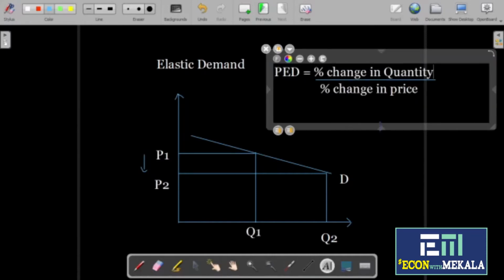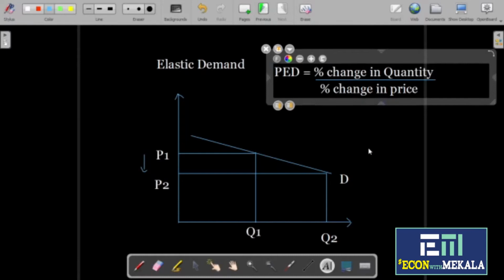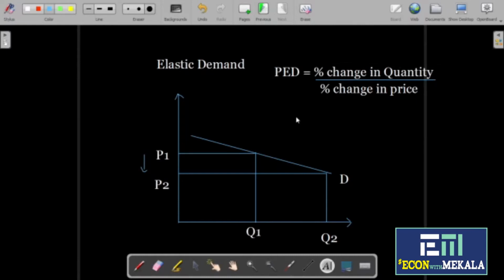Using our notations P1, P2, Q1 and Q2, let's apply this information to our PED formula and find out what will happen. We have learned how to calculate percentage change in quantity. That is new quantity minus old quantity over old quantity, multiplied by 100.